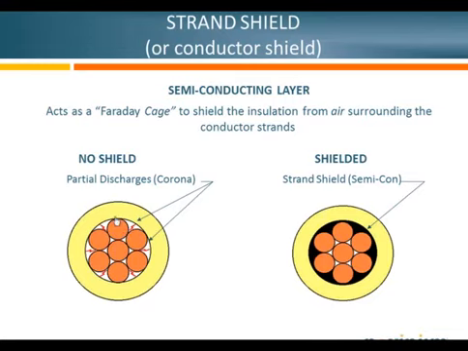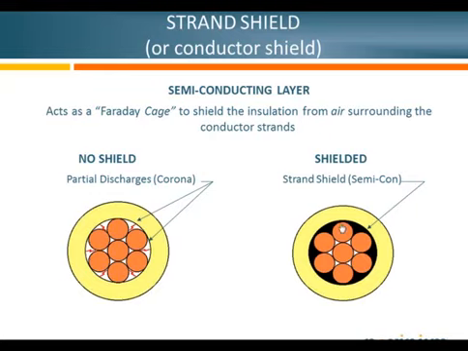On the outside, if you put the insulation there, you're going to have a potential difference from the valley of that triangle, where that air gap is between the conductors, to the outside. And that potential difference can cause air to ionize and cause corona discharges or partial discharges in that area, which can eventually break down the insulation and cause a failure.